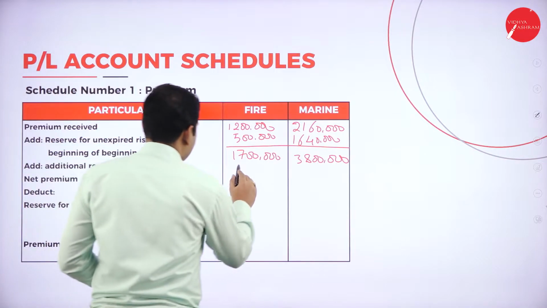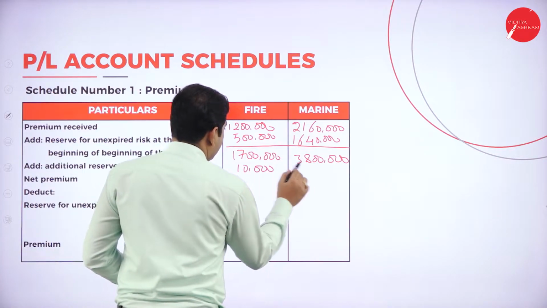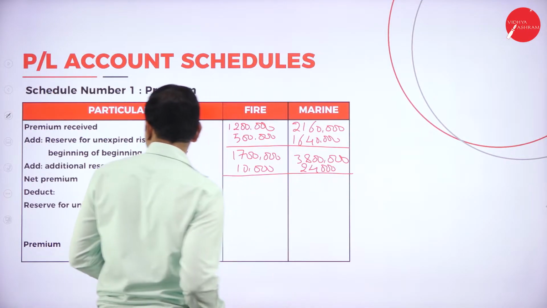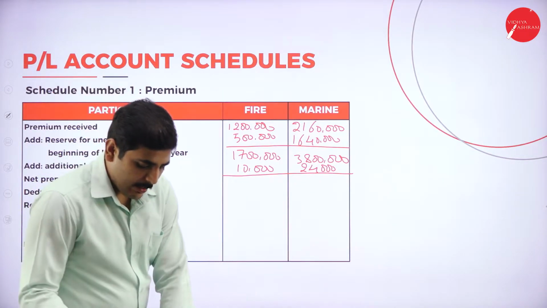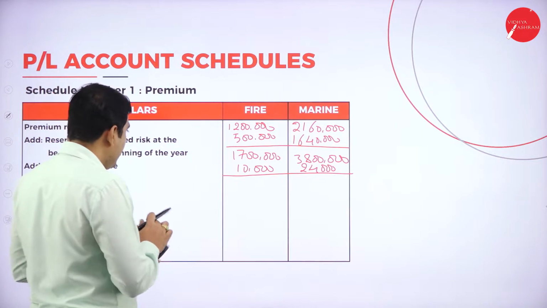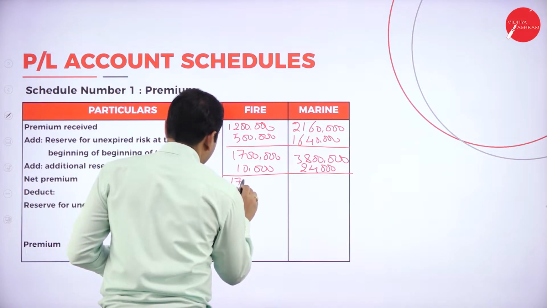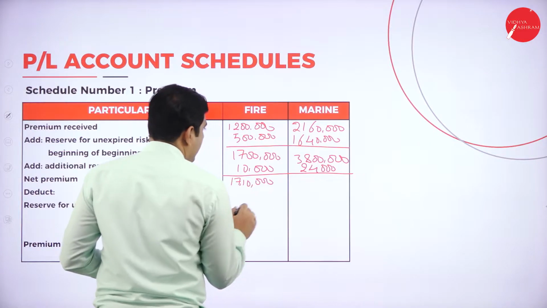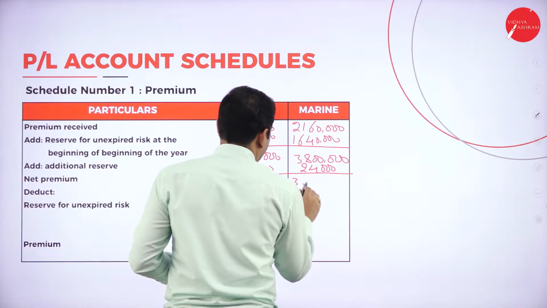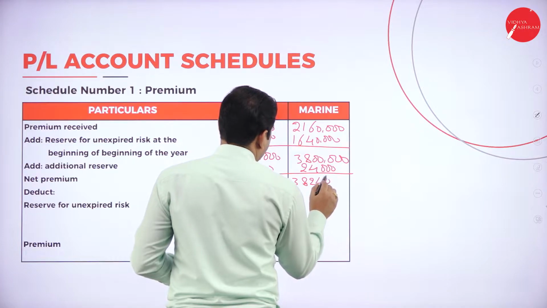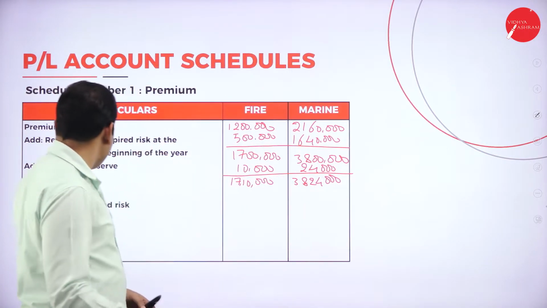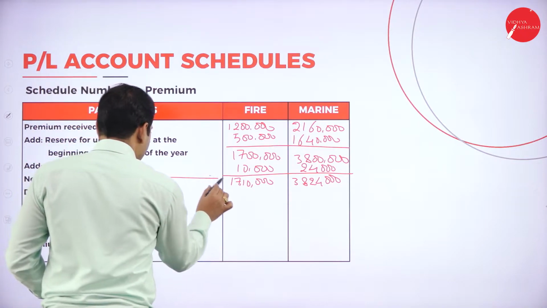What amount do we get after this? That is the net premium. It is 17 lakh 10,000 for fire, and 38 lakh 24,000 for marine. It is the net premium.